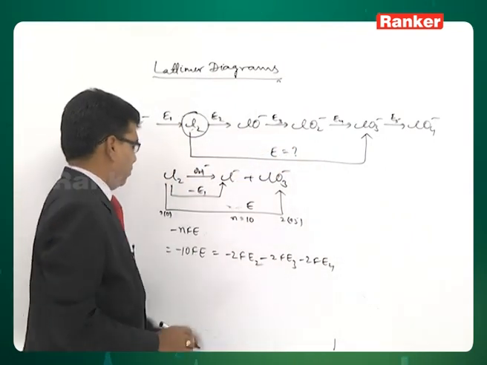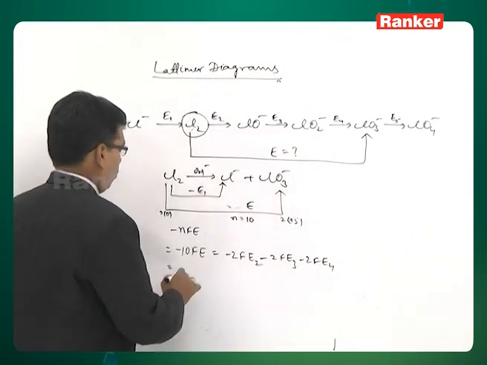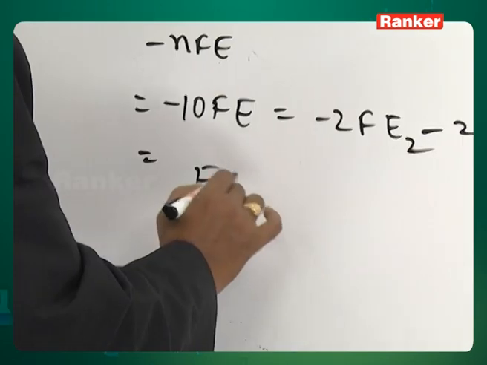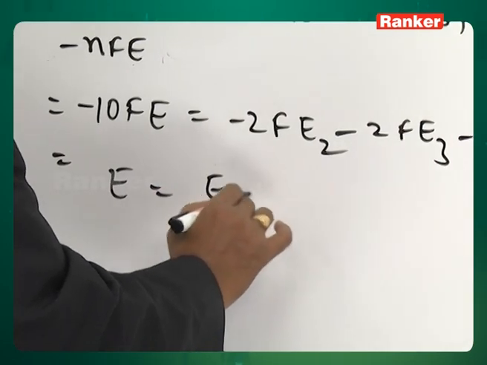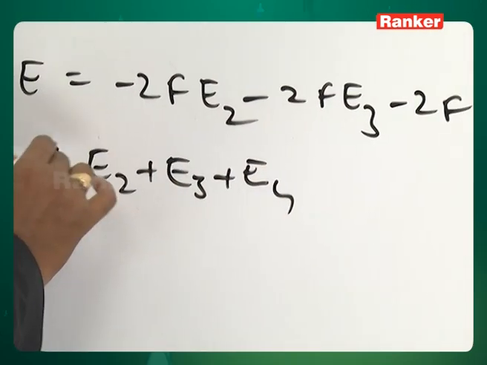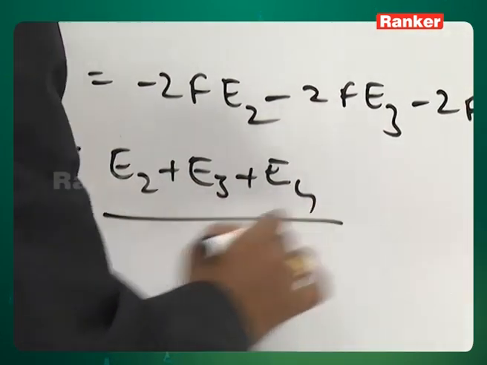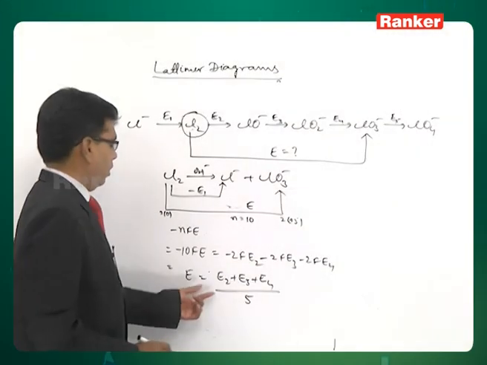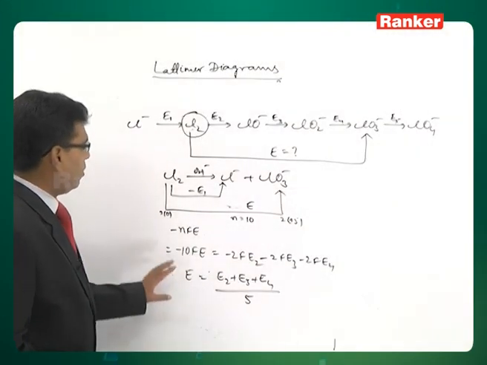This if you have to take. Now, from this E is equal to E2 plus E3 plus E4, 2F by 10F. So, divided by 5. Now, you will get this, right, fine.